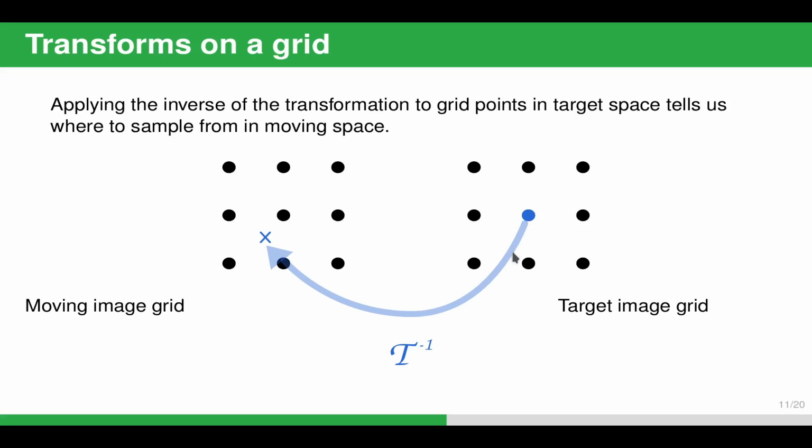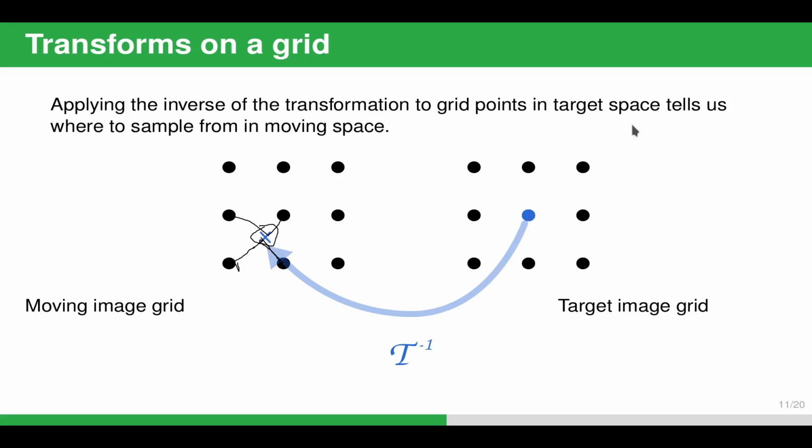Of course, this inverse may not land on a grid location in the moving image, but that's not a problem because we can use interpolation, say linear interpolation, to use these adjacent pixel values to give us an intensity value at this point, and whatever we get is what we're going to put here.